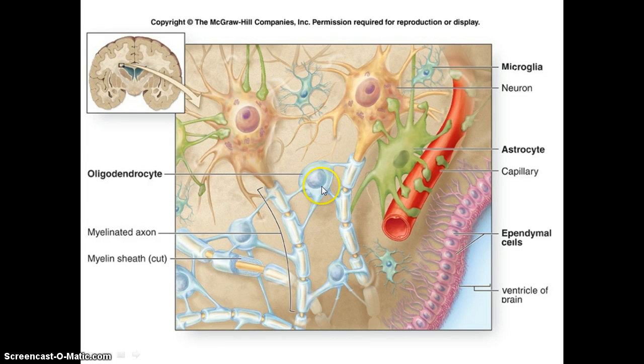All right. Oh, and one difference that you can see here between oligodendrocytes and, if you recall, neurolemmacytes is that a single oligodendrocyte can myelinate multiple axons. So you can see all these various processes reaching out to a number of axons, essentially.